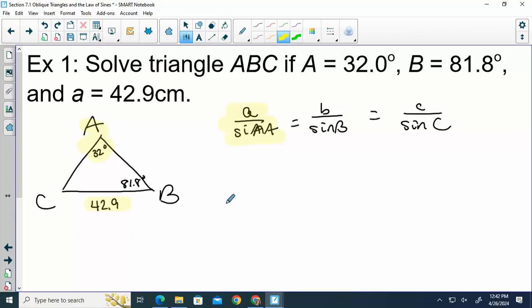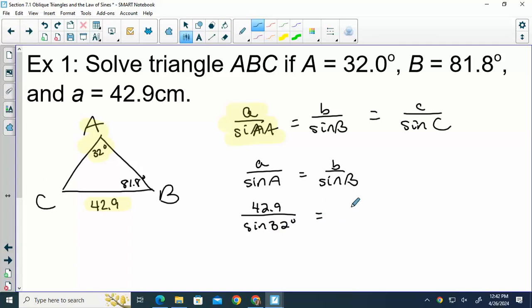So let's solve for side B. I'm just going to use that A over sine of A is B over the sine of B. So side A is 42.9 divided by the sine of 32 degrees equals side B over the sine of 81.8 degrees.